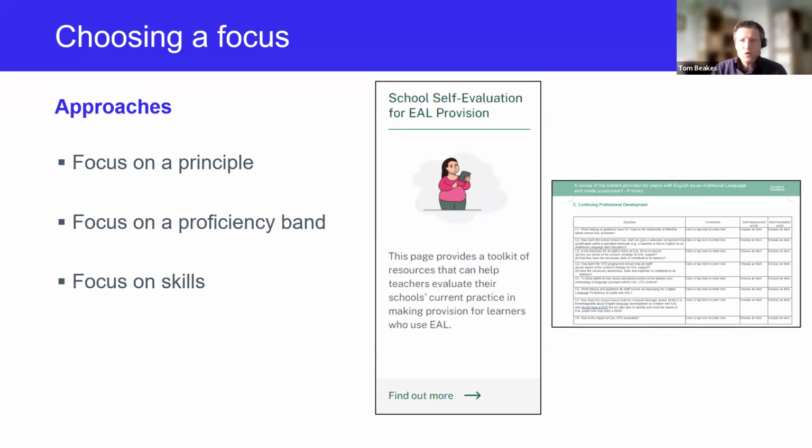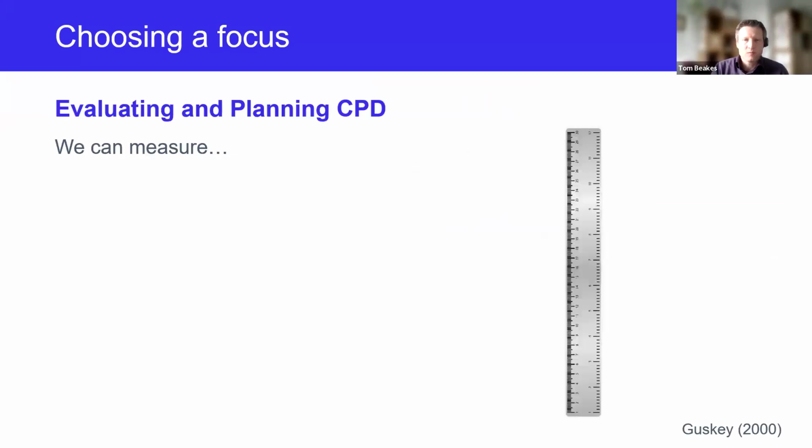So once a focus has been agreed, you can then move on to thinking about the planning and evaluation of CPD activity. So I'm just going to get a bit technical here, and I don't want to scare everyone off. I promise I'm going to get a bit more practical in a minute.